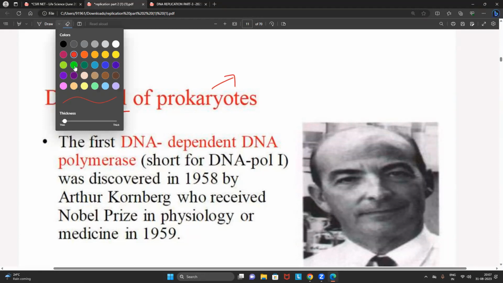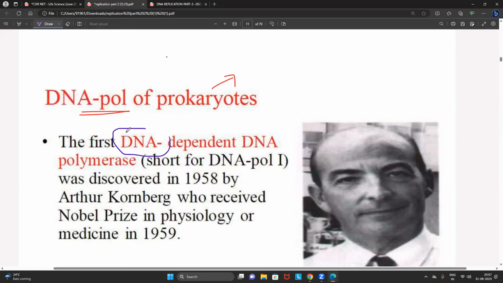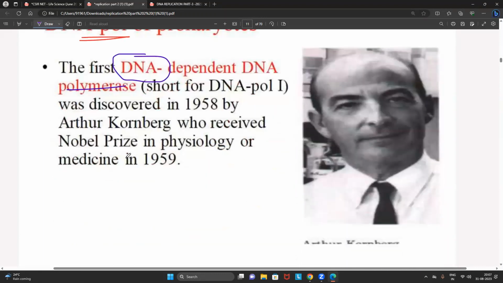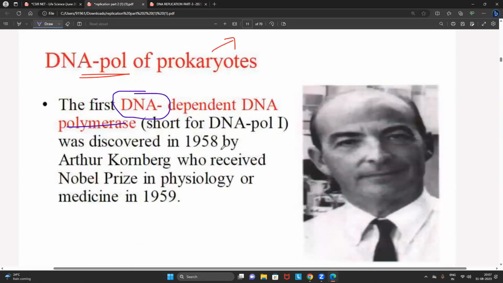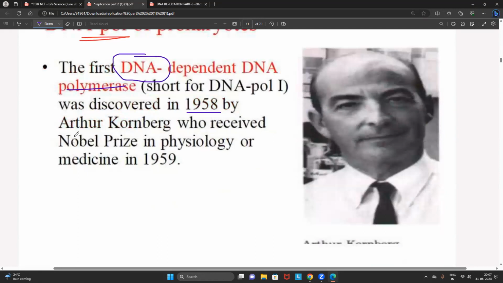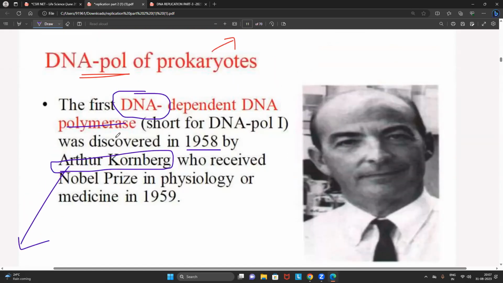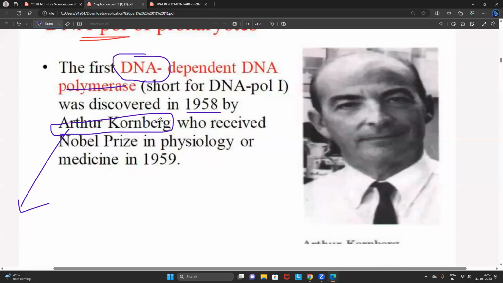The entire information is exclusively coming from the DNA only. That's why it is called DNA dependent DNA polymerase. This is the one discovered in the year 1958 by Arthur Kornberg. I hope you all remember, right? This is the straightforward question which was given in your JL question paper.